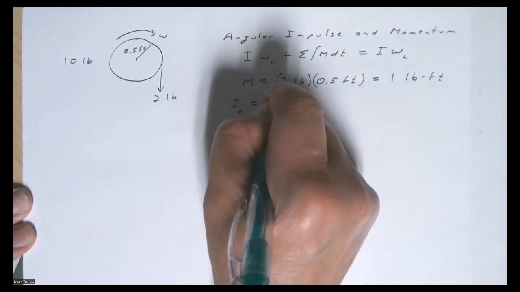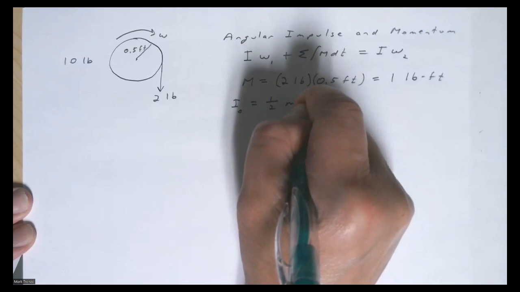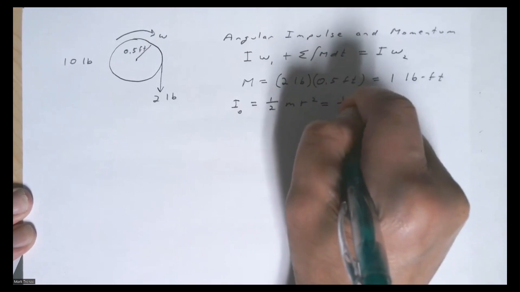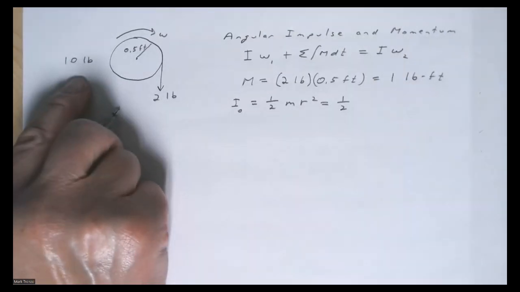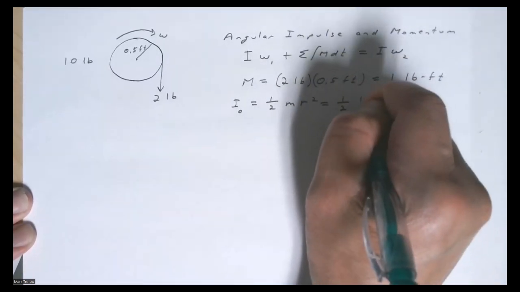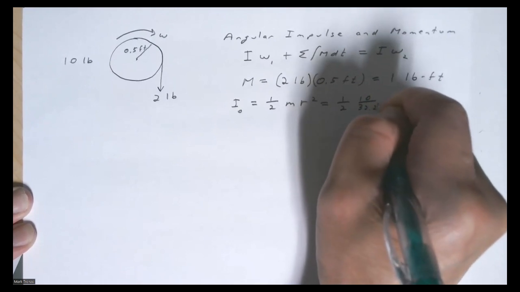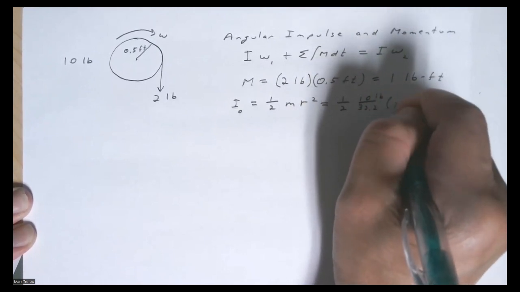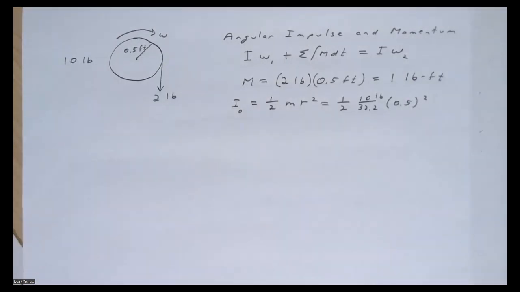It's going to be 1/2 m r squared. So it's going to be 1/2 times the disc, which is 10 pounds, divided by 32.2, and then the outer rim is 0.5 squared.